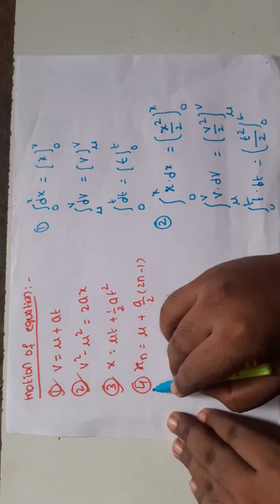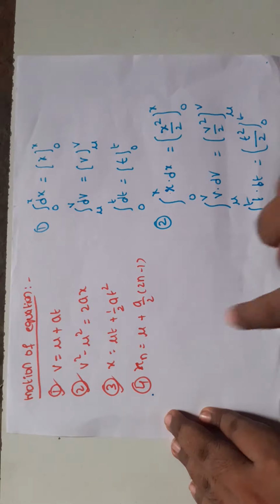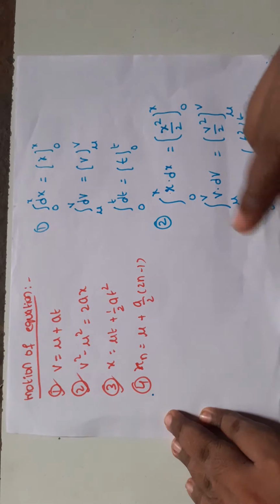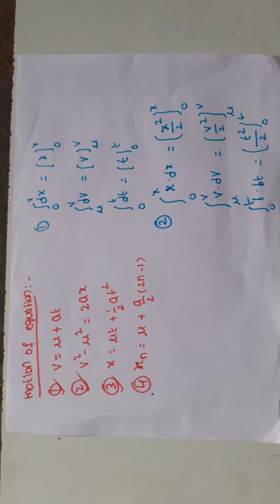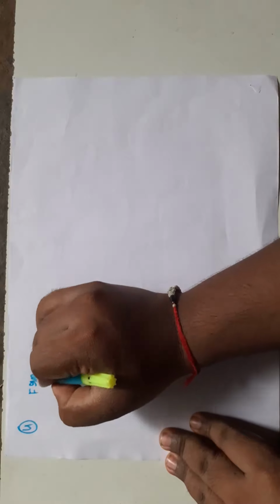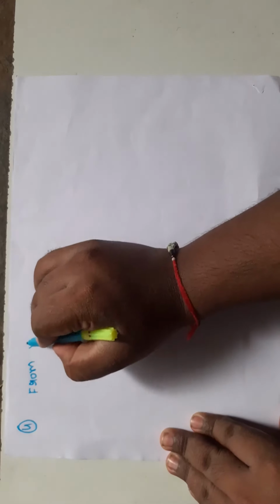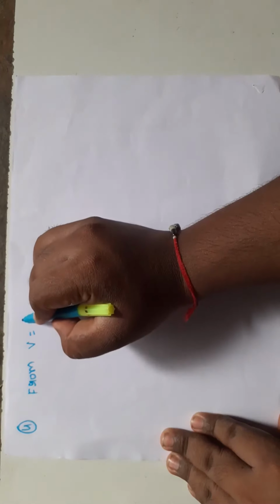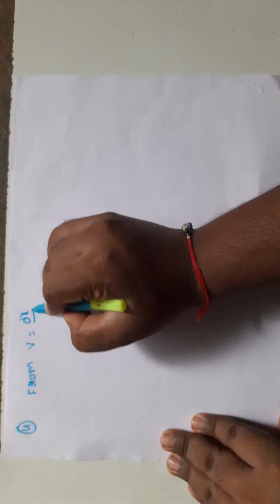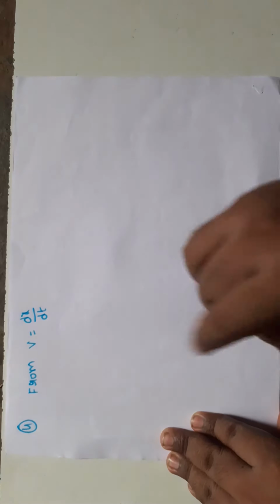Now we will derive the equation xn equal to u plus a by 2 into (2n minus 1) using the calculus method. The fourth equation. What is the formula of velocity? Velocity is the rate of change of displacement, which can be written as dx by dt, where x is displacement.